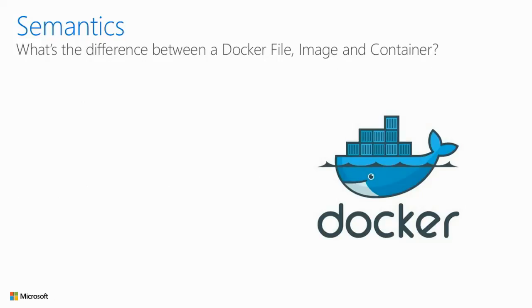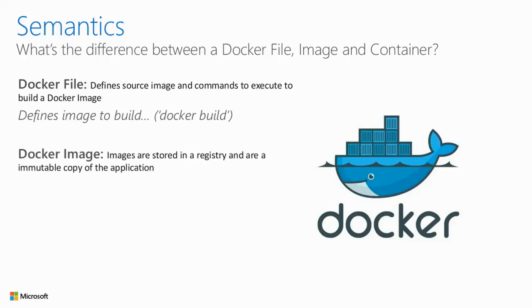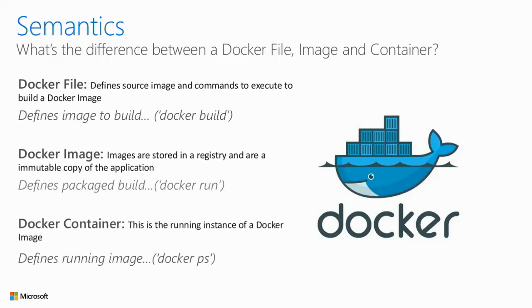So it can be confusing when you're getting into Docker. There's new vernacular. There's images and registries and containers and files, and they all have slightly different purposes to play. So 3 fundamental concepts are the Docker file, Docker image, and a Docker container.